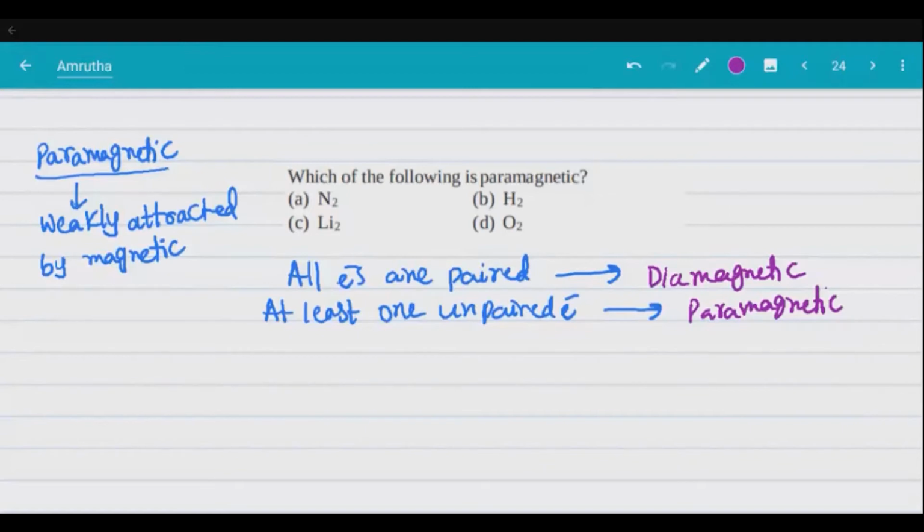I'll tell you one more trick for this also, because we should use the molecular orbital diagram for this. I'll be giving the trick. Yes, O2 is paramagnetic.